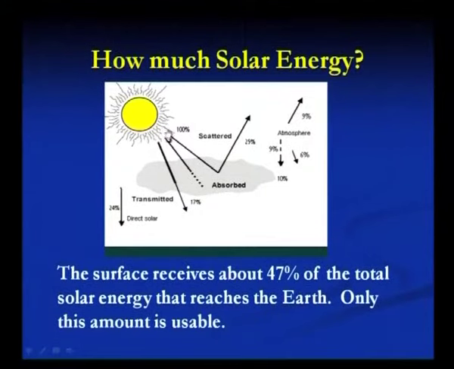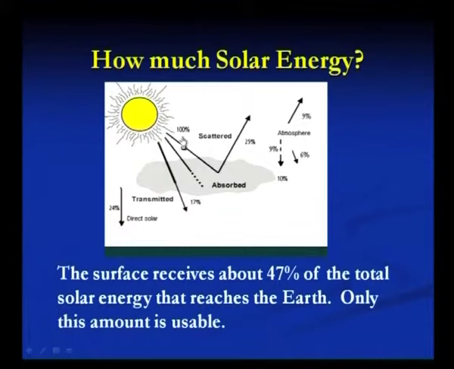Now, let us have a small description of how much energy originates from the sun and how it reaches the Earth, in what manner it is absorbed or transmitted to us. If we look at this picture, 100% of the energy is coming from the sun. Around 24% is transmitted directly to the Earth's surface.